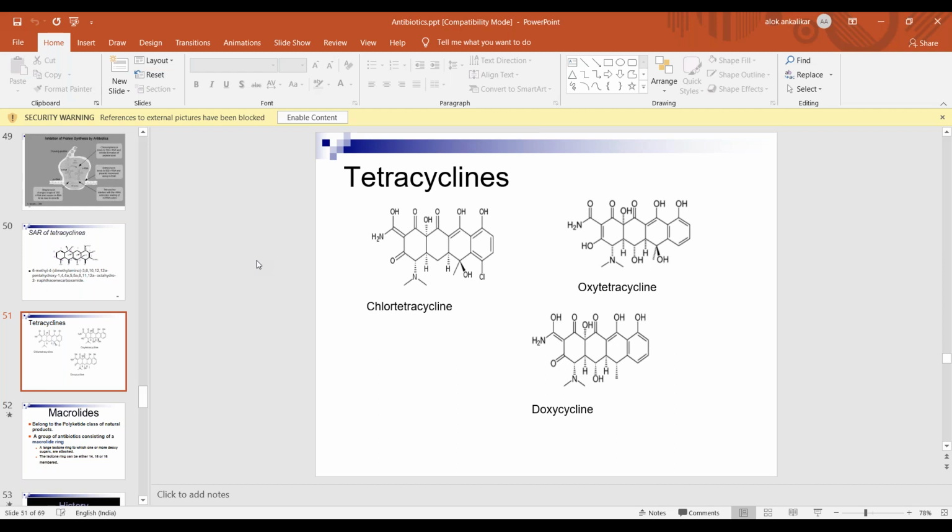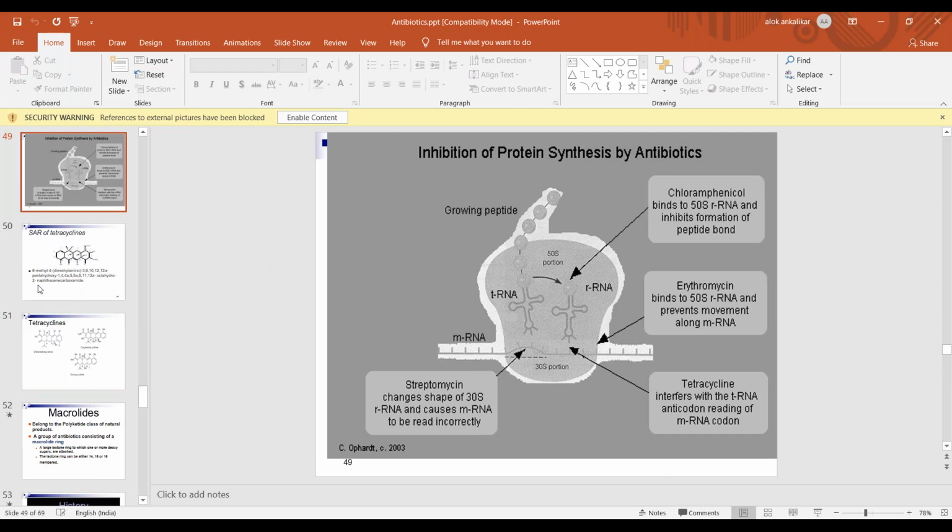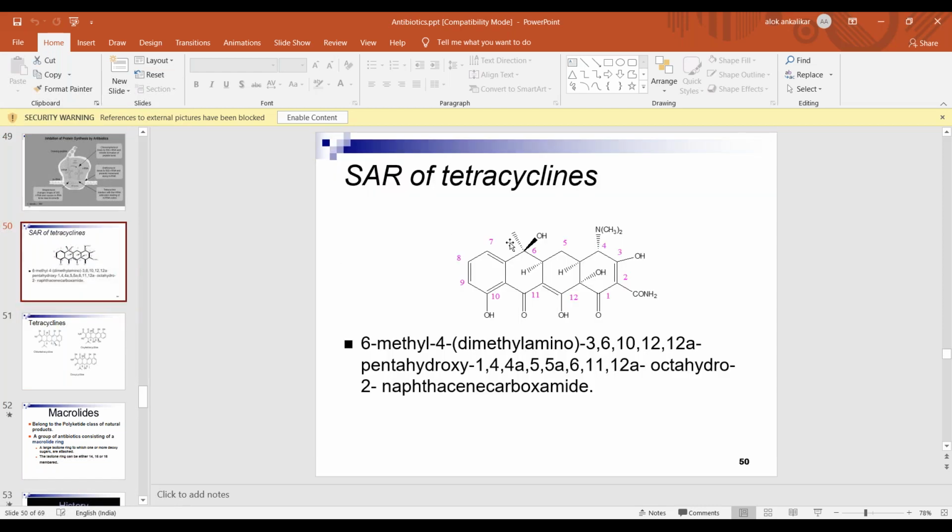Now there is something that you all should note down. I hope you all have noted down this structure of tetracyclines. We have finished the SAR. You could go through the class and note down the SAR points. Something that I want you to note down now is about the stereochemistry of tetracyclines.